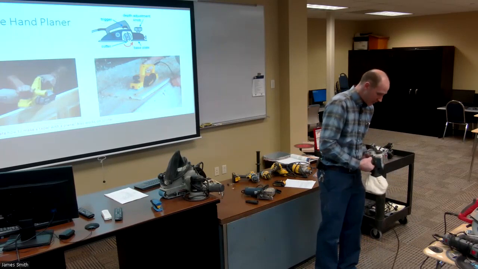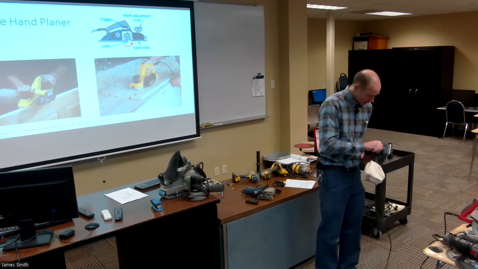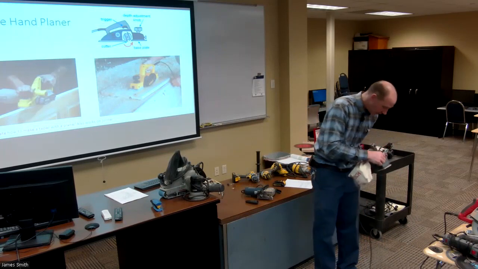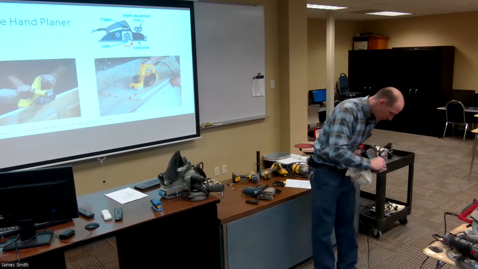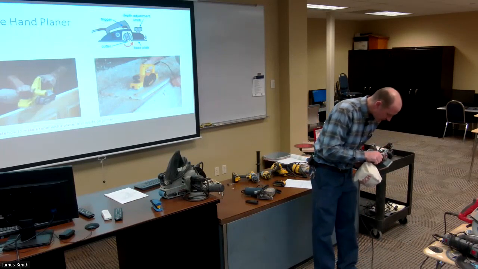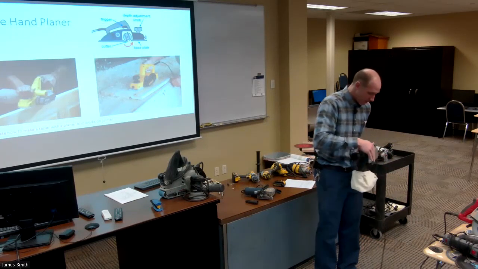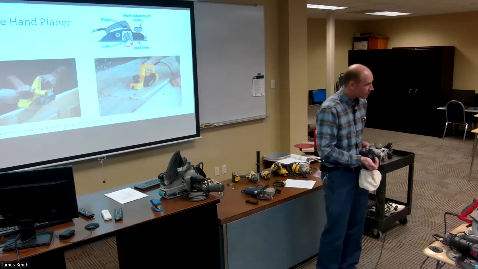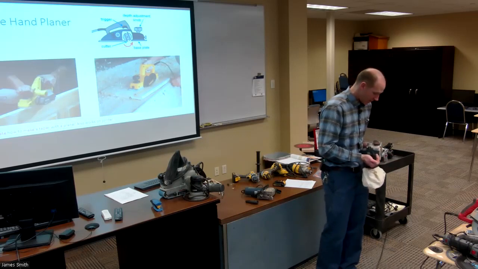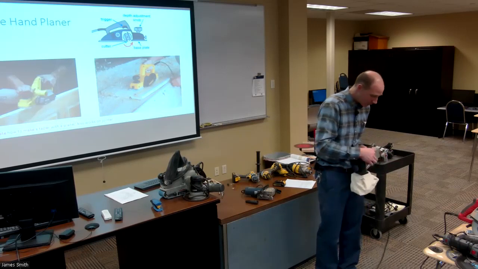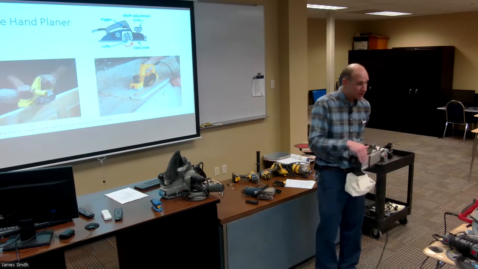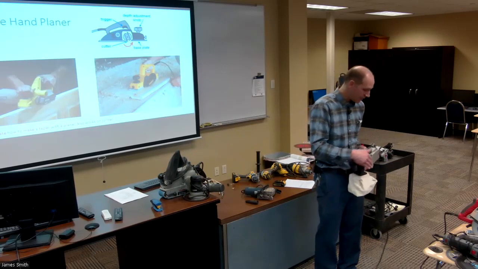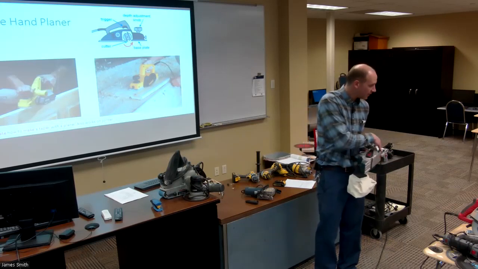So if I wanted to make a really deep cut, I could adjust it one way, and if I want to make a 1/64th cut, that moves this front sole 1/64th of an inch up, so that as you're feeding this into the board, there's a cutter head that rotates and it'll take off a 64th on the front end, and then it basically slides out the back.